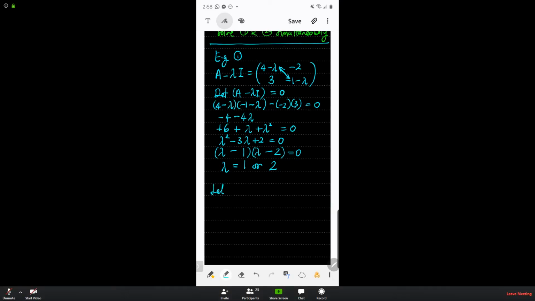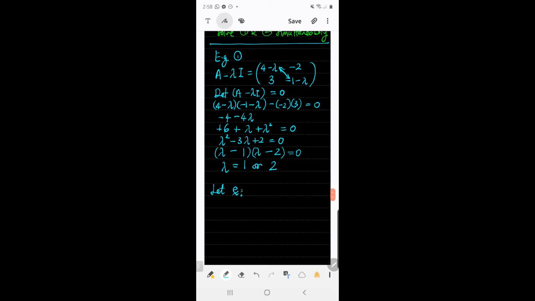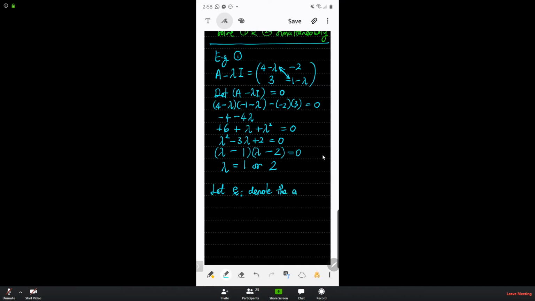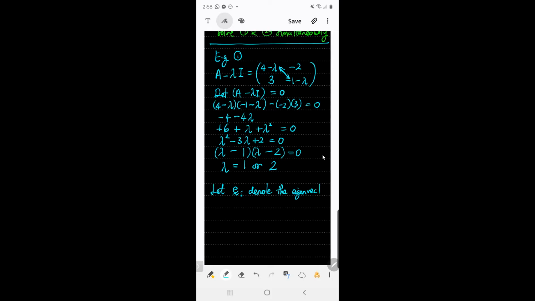Let E_i denote the eigenvector corresponding to eigenvalue lambda_i, where i equals 1, 2, because you got 2 eigenvalues here. So i equals 1, i equals 2. All right. So now we are ready to find the first set of eigenvectors.